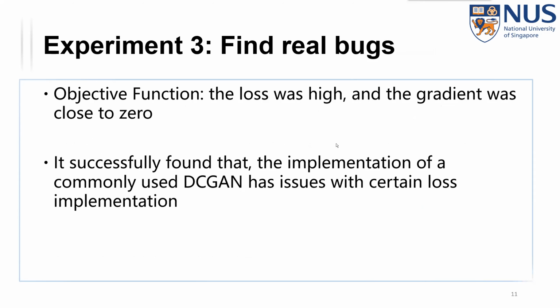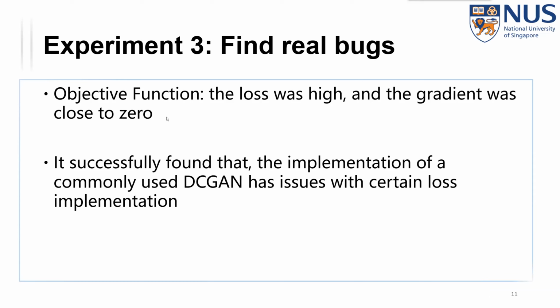And the first experiment is quite even. So in the paper, it just says that it successfully found that the implementation of a commonly used DCGAN has issues with certain loss information. And the objective function they use is that the loss was high and the gradient was close to 0.